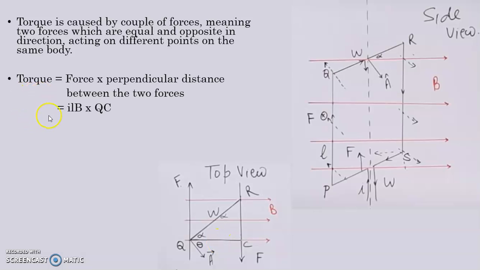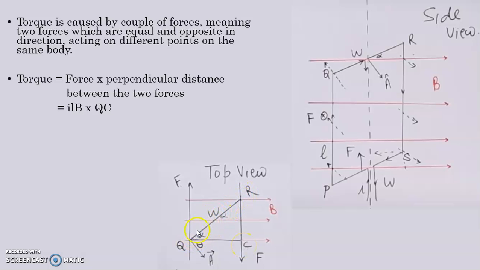So torque is equal to force acting on either of these two conductors. So force acting on PQ is ILB multiplied by perpendicular distance between the two forces. Perpendicular distance between the two forces is QC.